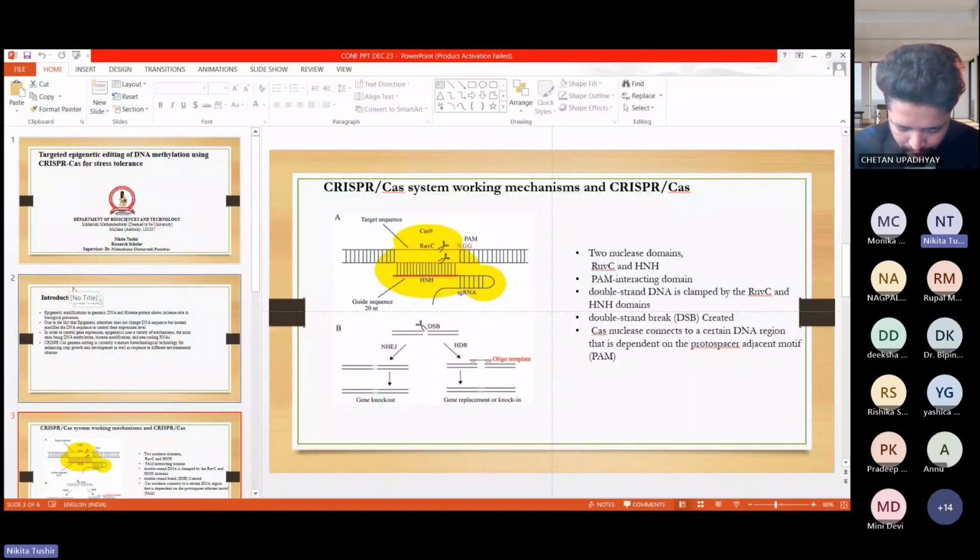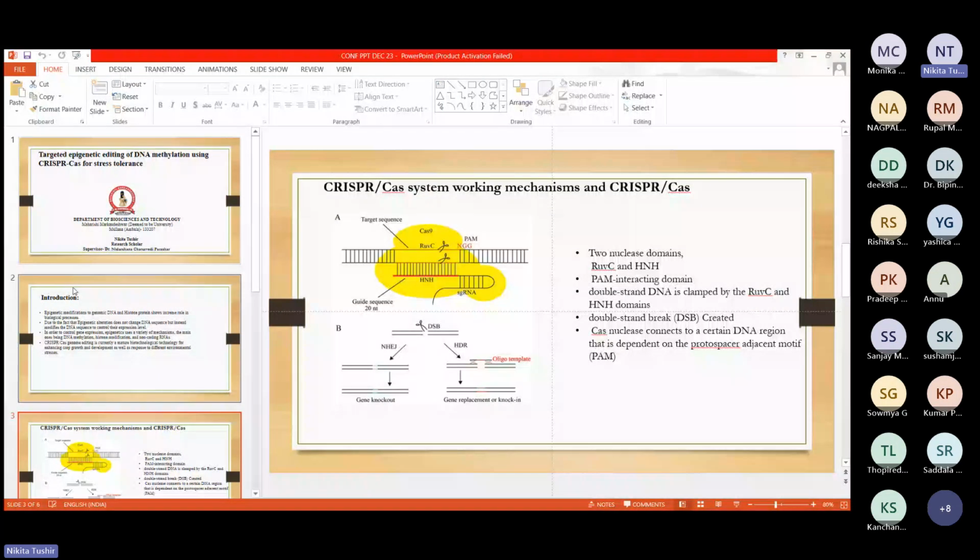These domains clamp the targeted double-stranded DNA and create a double strand break, known as DSB. And there are two different methods of gene replacement. First is gene knock-in, and second is gene knockout. Nowadays, gene knock-in and gene knockout are the most popular techniques used for making transgenic plants using CRISPR-Cas.